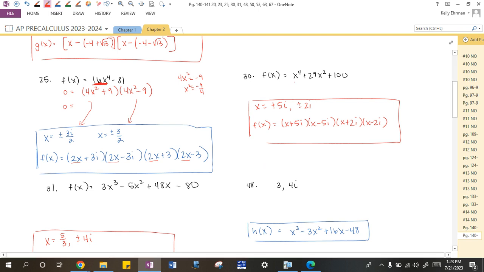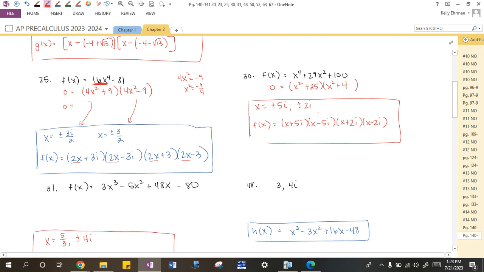Okay, on number 30, this is a trinomial that can factor. We can split x to the 4th into x squared and x squared. The factors of 100 that add to 29 are plus 25 and plus 4. I can solve for the zeros right now. If x squared equals -25, I get plus or minus 5i. And then from x squared plus 4, we get plus or minus 2i.